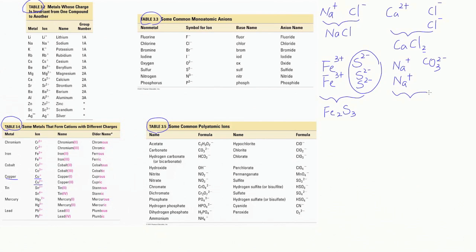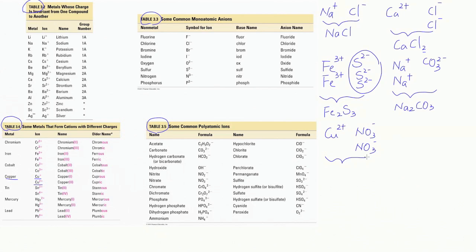So when you write the formula, that would be Na2CO3. This is sodium carbonate. How about this? Copper 2 plus and the nitrate, NO3 minus. Apparently you need 2 nitrate to balance the 2 positive charges from the copper 2 plus.